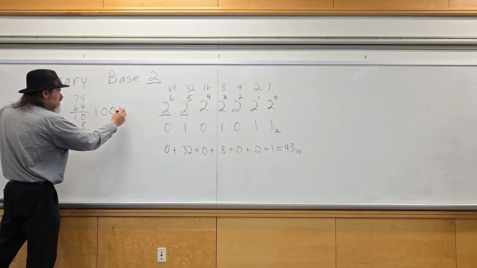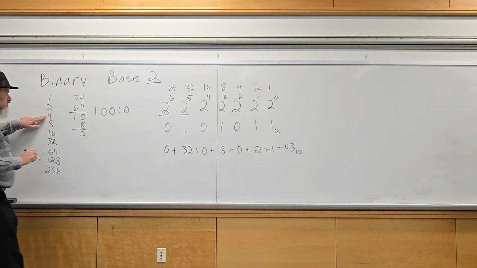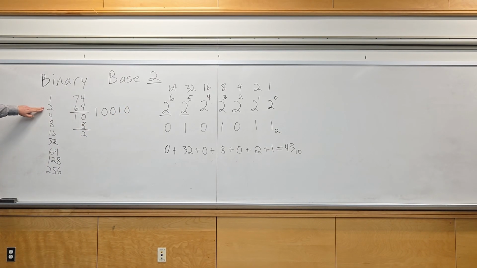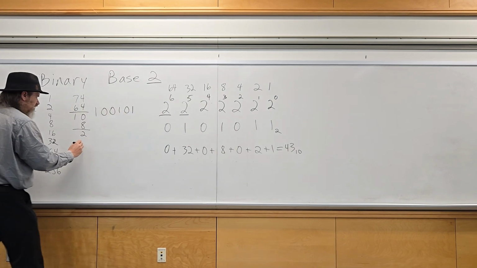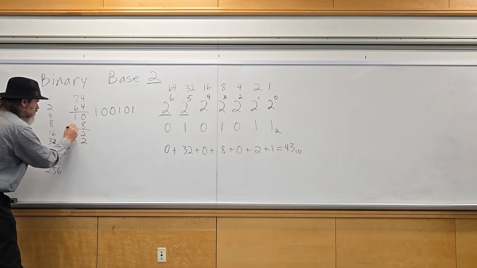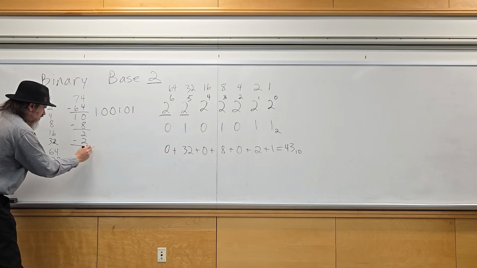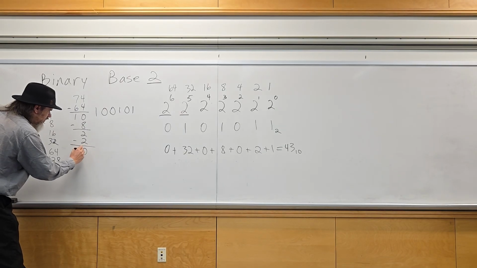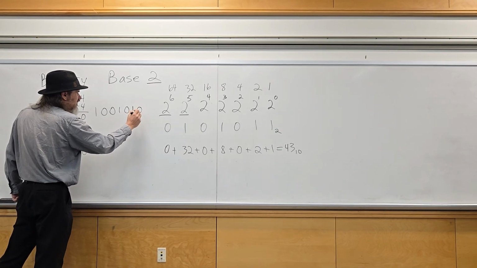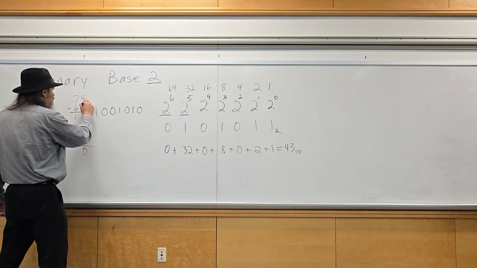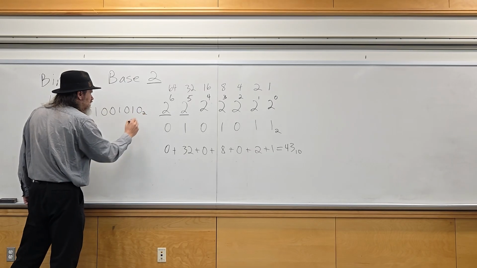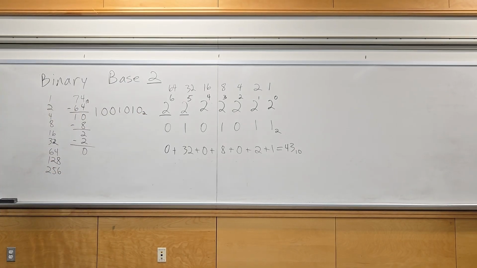So put a 0 in the 4's position. A 2 will go into 2. So put a 1 there. Subtract 2 again, and you get 0. So that is your last position, 0. So there's your number in binary.